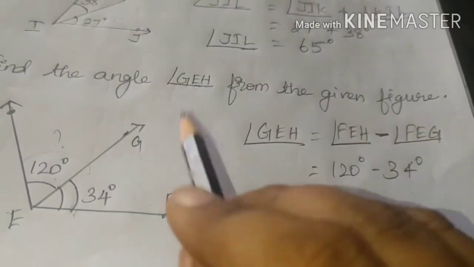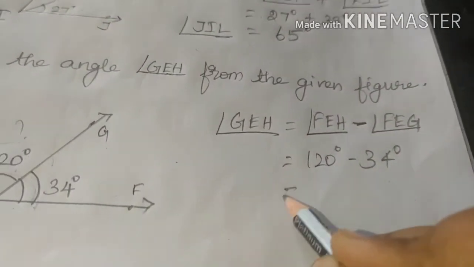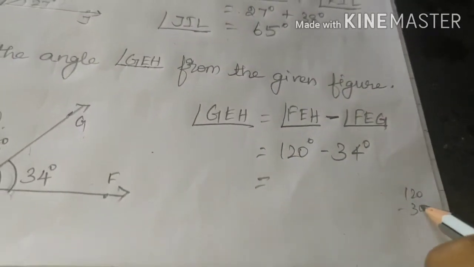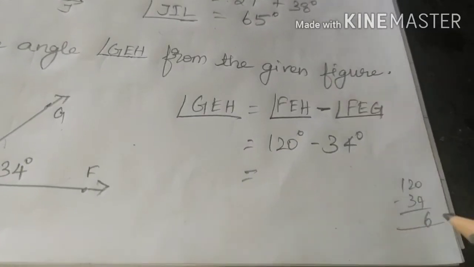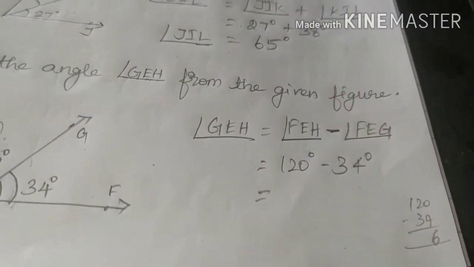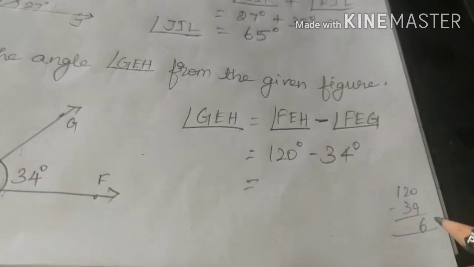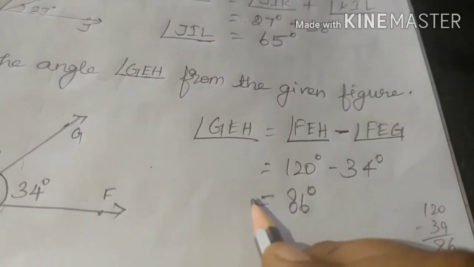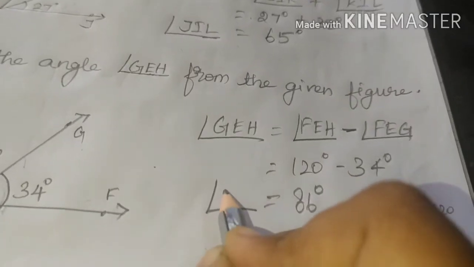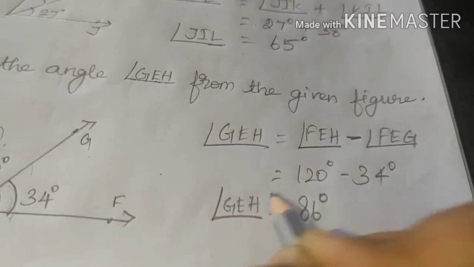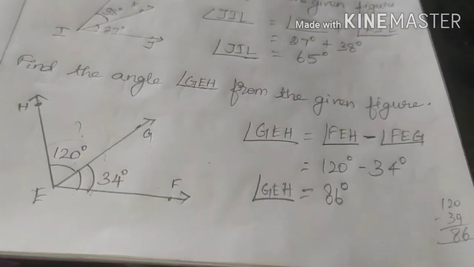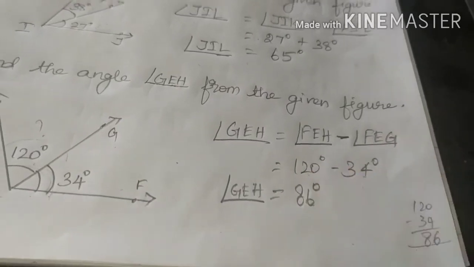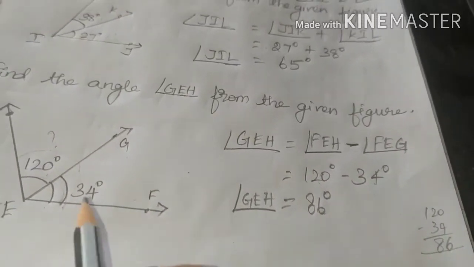Now we have to find GEH. So 120 minus 34, what will we get? Do the subtraction here. 10 minus 4 is 6, and then 11 minus 3 is 8. So I will get the angle 86 degrees. Angle GEH is 86 degrees. Now if you add 86 and 34, you will get this 120. Are you clear, children?